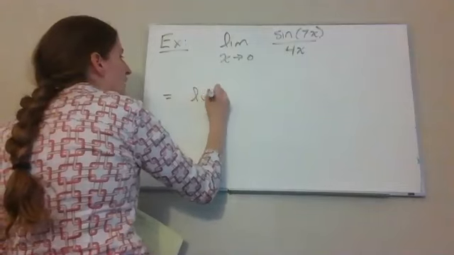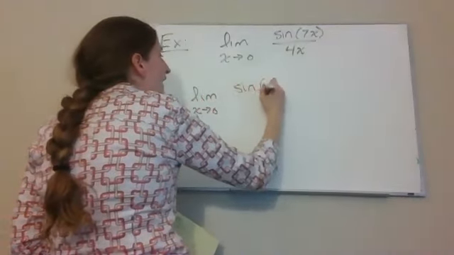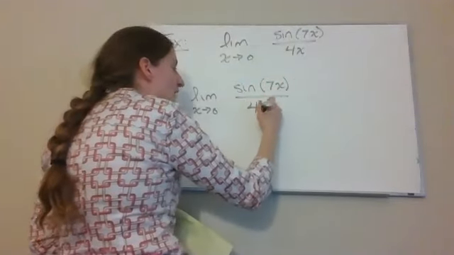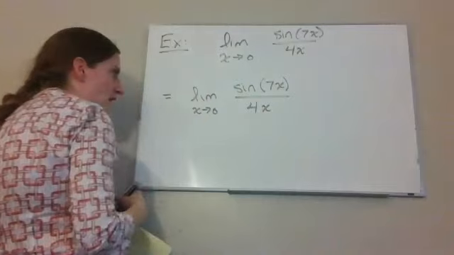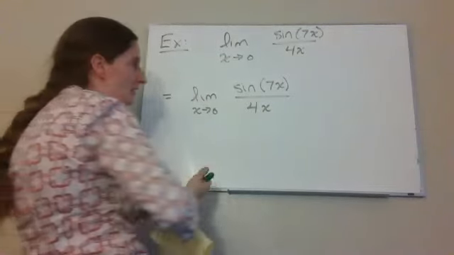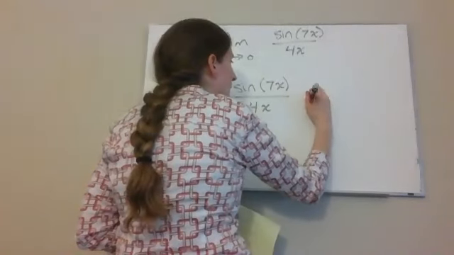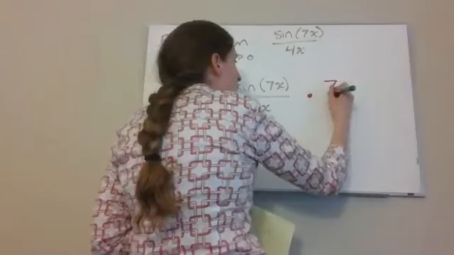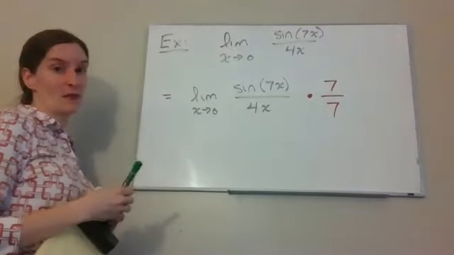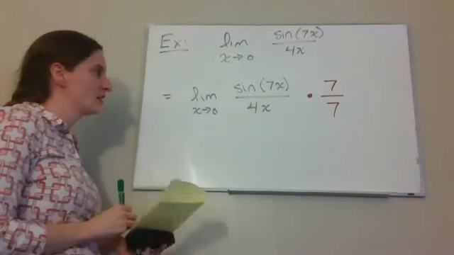In order to use my fact, I really need to have a 7x in the denominator to match the 7x in the parentheses. So what I'm going to do is multiply this by 1, but I'm going to write 1 as 7 over 7 because I really need that 7 in the denominator so that I can use my fact.